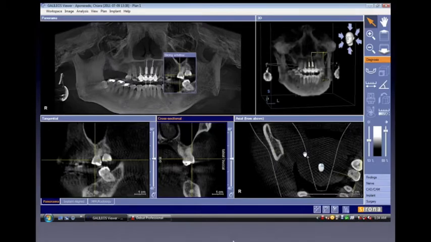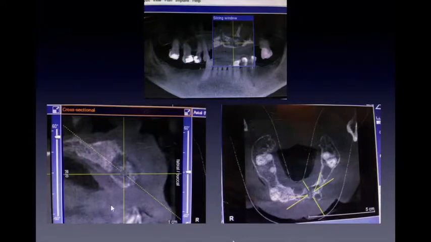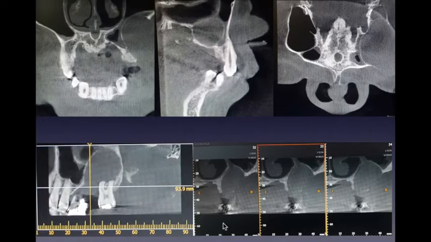So that's one of the advantages of three-dimensional images. Here's another patient wherein, based on 3D imaging, we are able to assess the sequestrum that happened, in this case, helpfully suggesting a possibility of osteonecrosis of the jaw because of anti-osteoclastic medications.